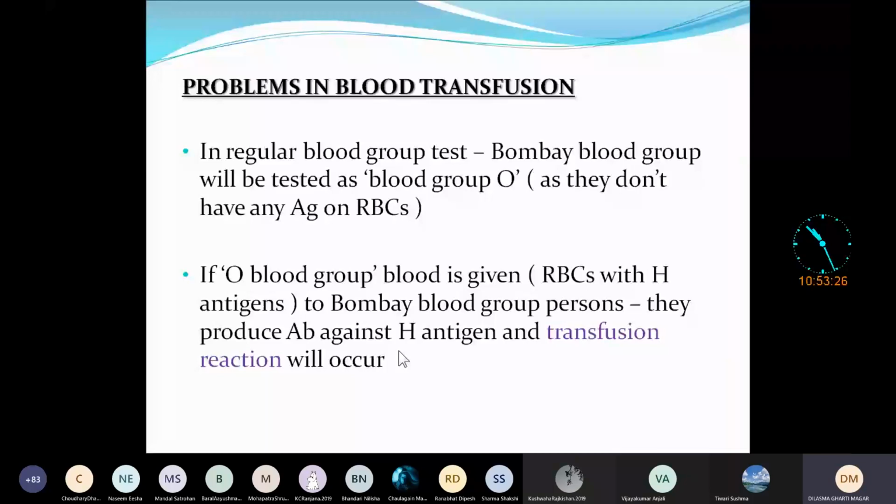Now if blood group O, which has the H antigen, is transfused to the person with the Bombay blood group, whenever this H antigen goes into the body, the Bombay blood group person's body will produce antibodies against this H antigen. So it will cause lysis and a transfusion reaction will occur. Clear?